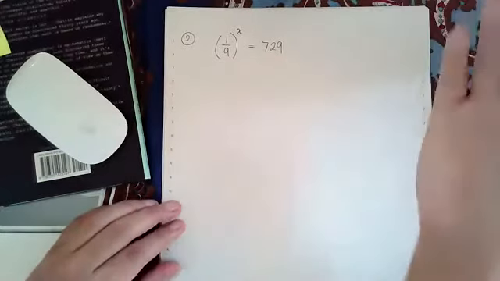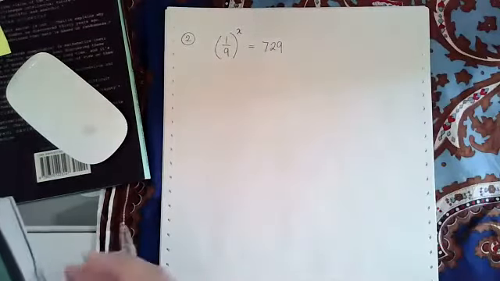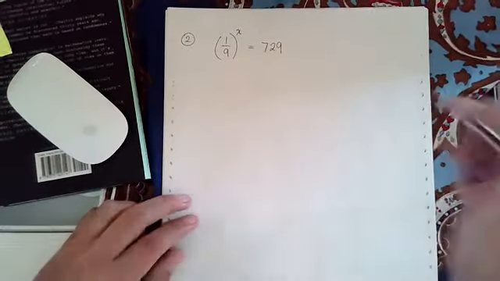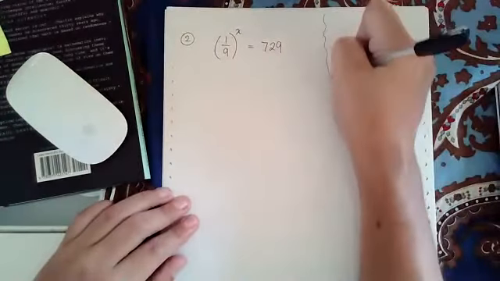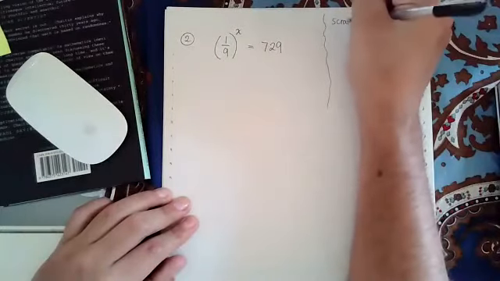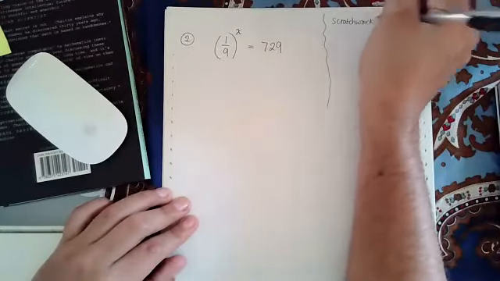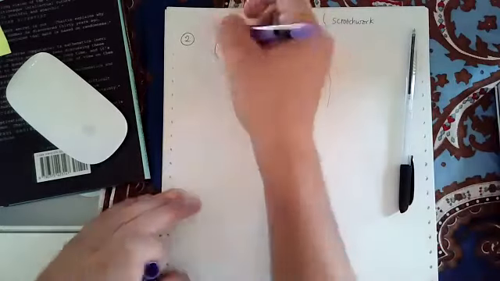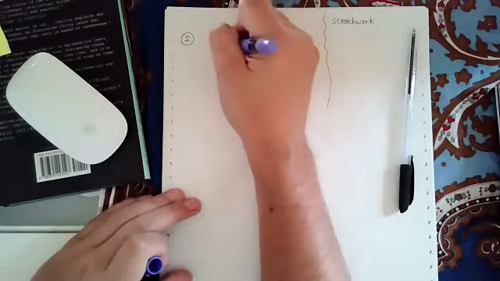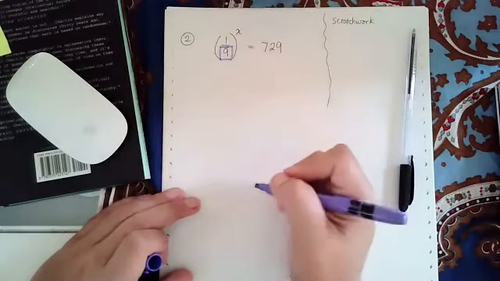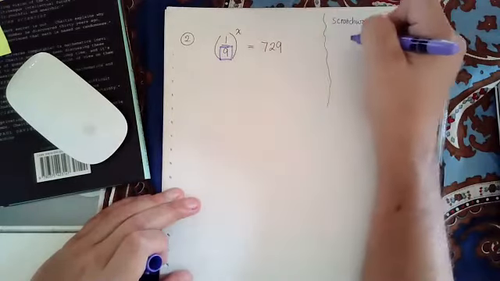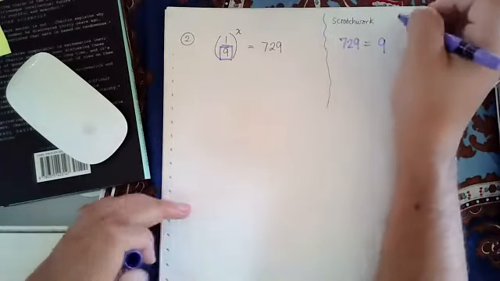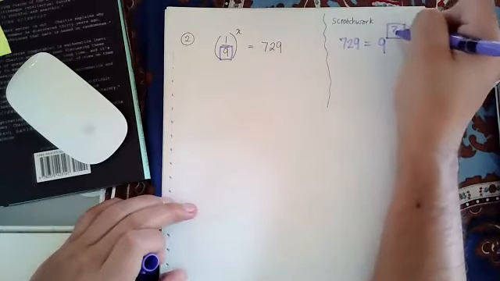But what I want to do is I can ask myself, and this will sort of be like scratch work territory, if I have a base of 9 over here, is there a way for me to write 729 as 9 raised to some power?